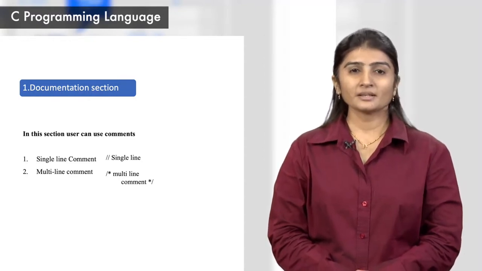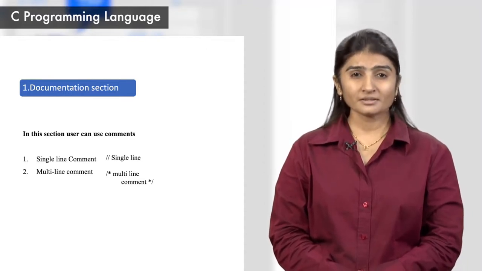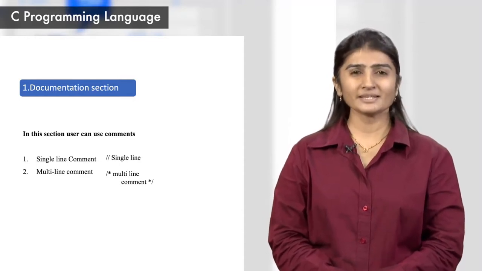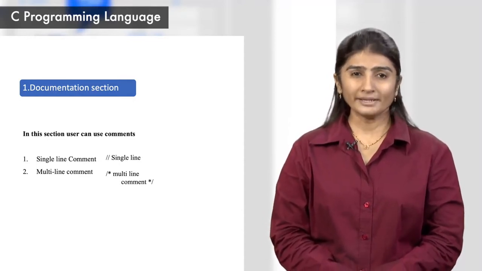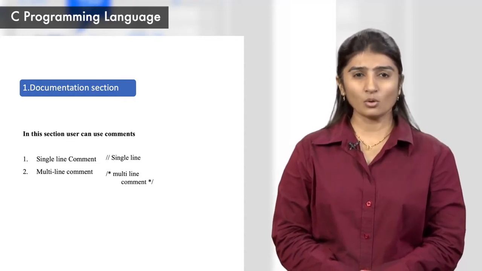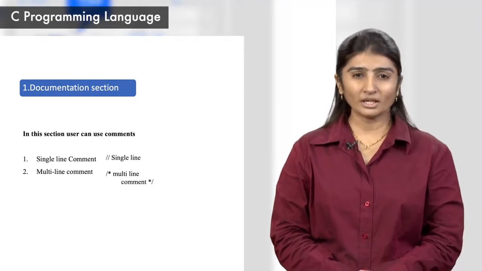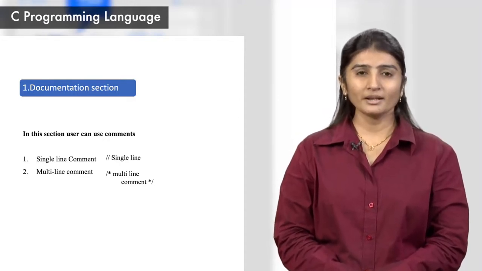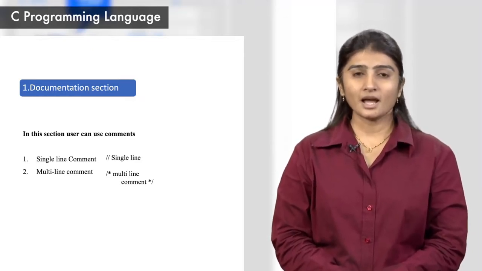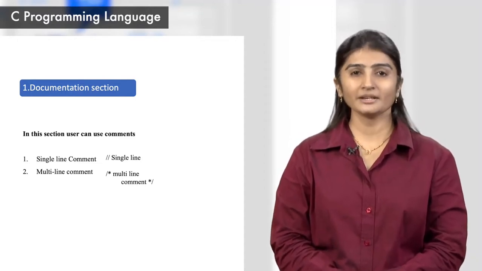Single line comments we can define by using a double slash. Multi-line comments have special symbols, slash star, and after that we can write multiple lines. At the end of that explanation we have to put star slash. These are single line comments and multi-line comments.